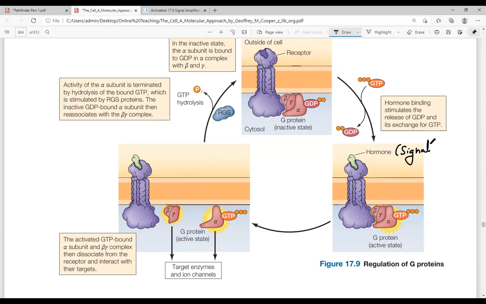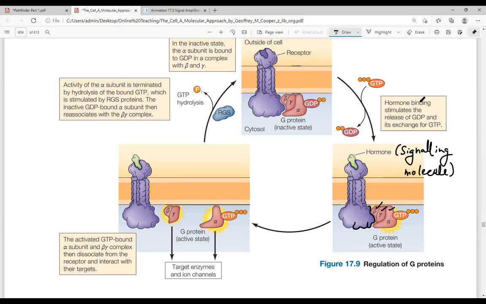Once the signaling molecule binds to the serpentine GPCR receptor molecule, it will induce a conformational change within the GTPase switch proteins, such as alpha, beta, or gamma, and will cause the interconversion of GDP with GTP.